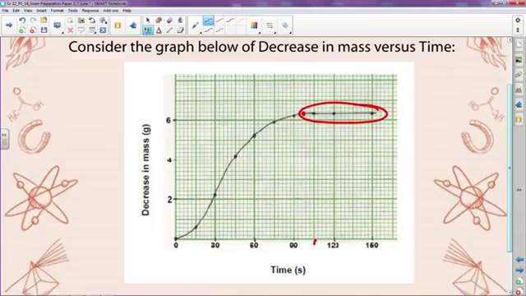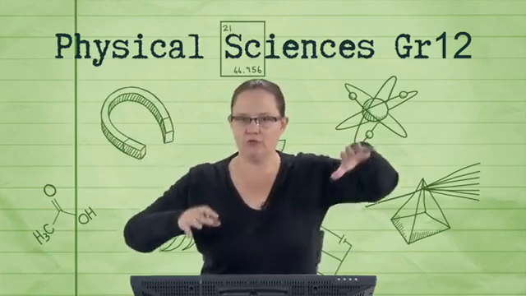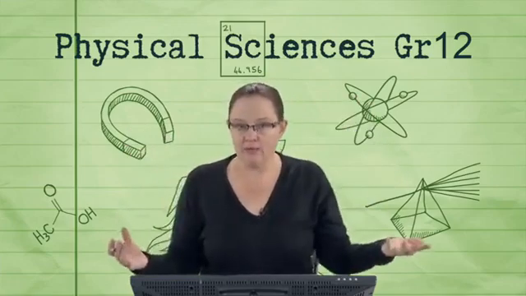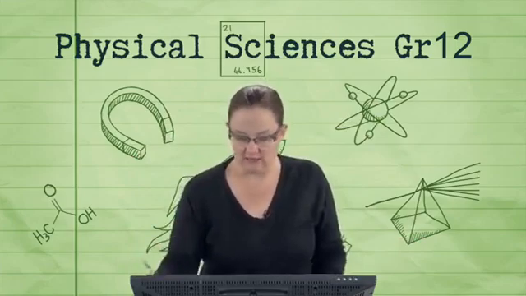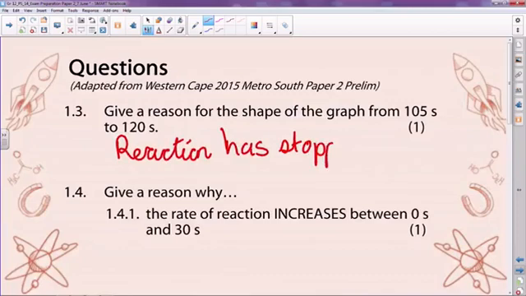Okay, that tells me that no more NO is being produced because the mass remains constant. So if the mass remains constant, okay, the reaction has gone to completion, or the reaction has stopped. Okay, it's finished. And remember, they said right at the beginning that they kept timing until all the copper metal was gone. So the reaction is stopped.